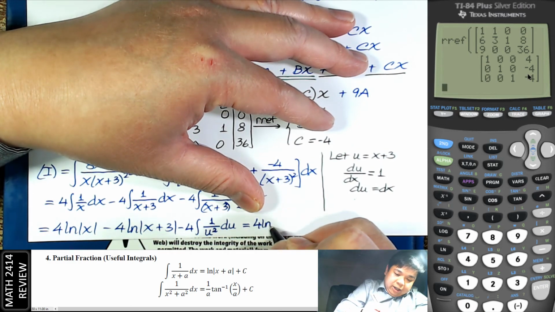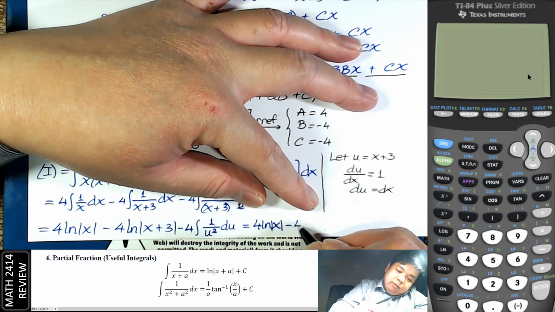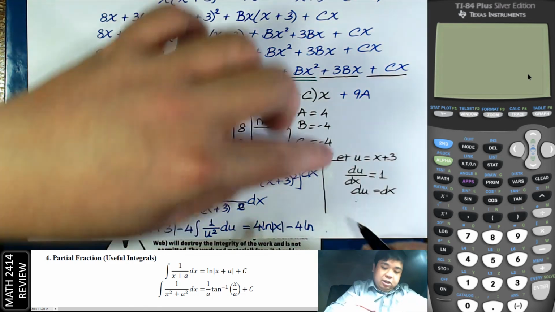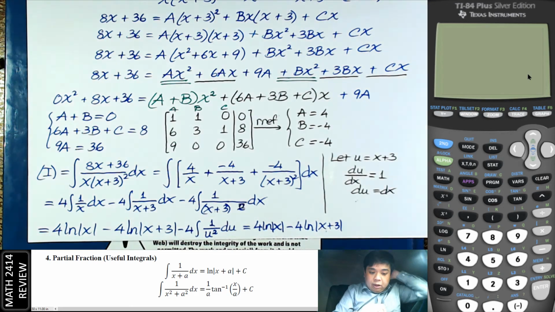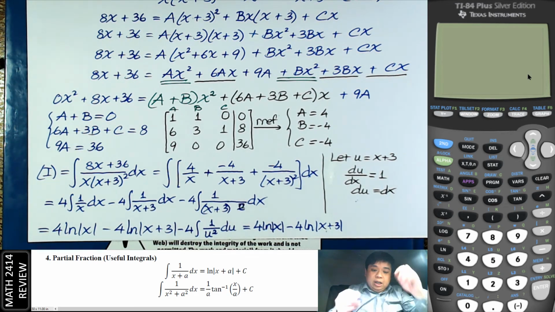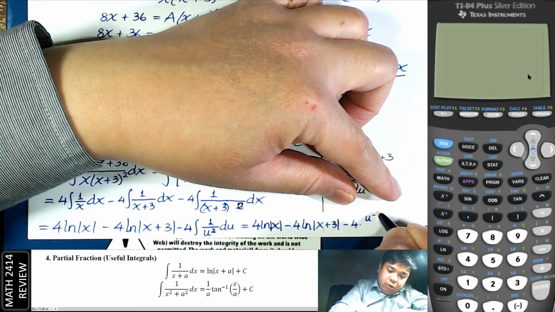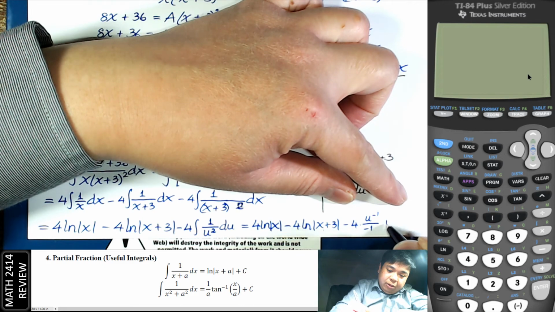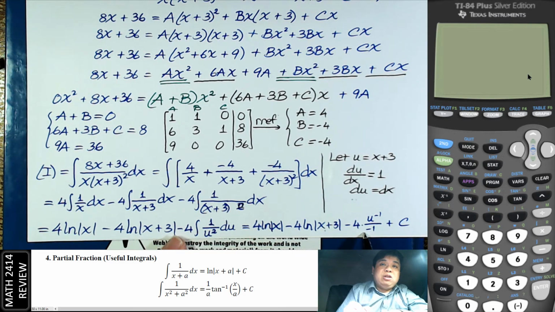For ln of x minus 4 ln of x plus 3, and u to negative 2, the integral of that is -4 u to negative 1 over negative 1 plus c. And finally negative and negative cancel out, that plus 4, and u is x plus 3 to negative 1.